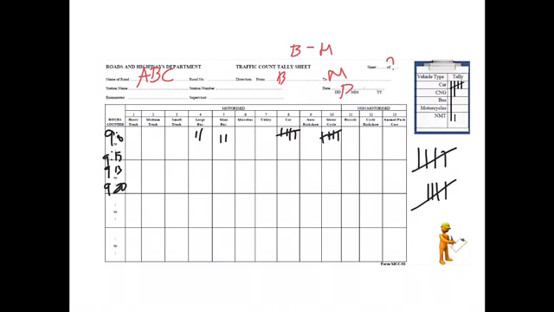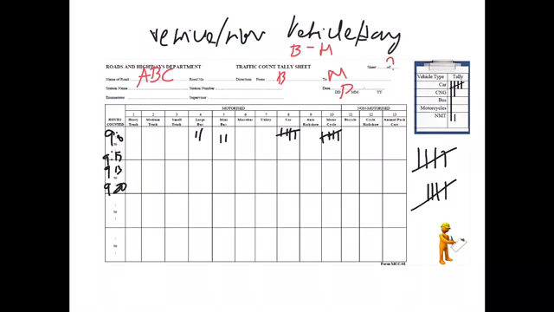Okay, usually when the traffic volume data is collected, we know that the unit is vehicles per hour or vehicles per day. So usually when the traffic data is collected, the survey has to be conducted throughout the day.